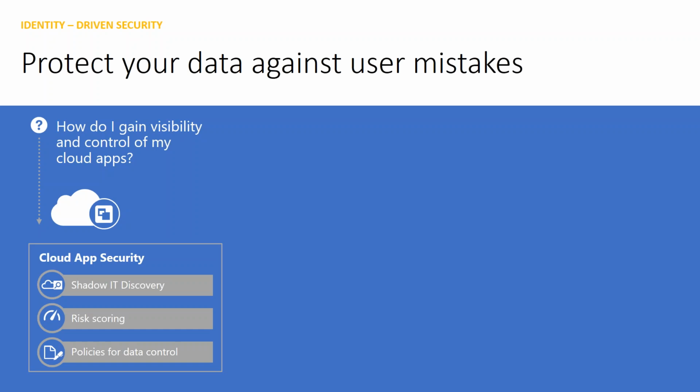So now we want to protect our data against mistakes. Cloud App Security gives me the ability to know which cloud applications my users are using and rank them for security reasons. So if they're using an app that doesn't have a high ranking, I say, actually, this app isn't secure for these following reasons because it has a lax security system.